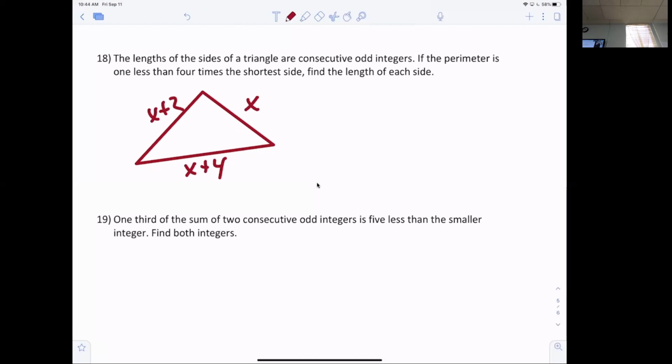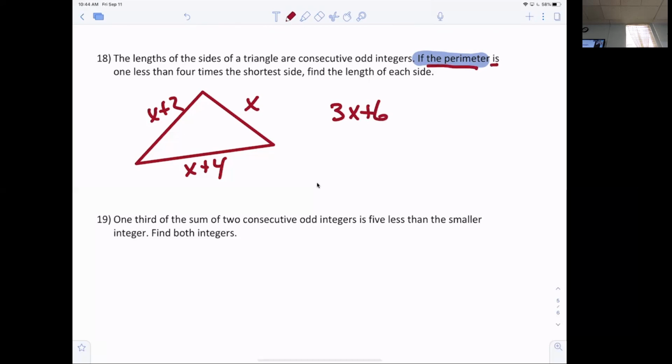Oscar, are you going to write the equation for me? All right, this ought to be interesting. 3x plus 6. Hold up. How did you get that? I added the x's. Yes, because that's the perimeter. So the perimeter is again what? 3x plus 6.